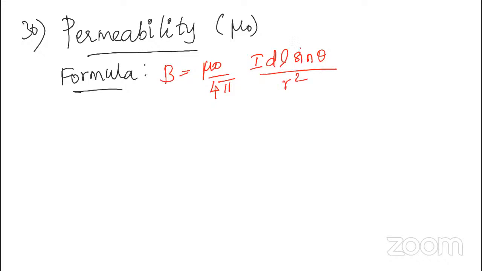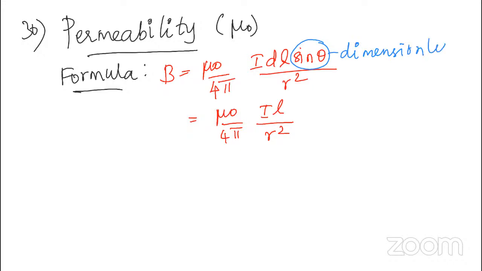Okay, so here L is the smallest length, so we can write it dL alone by R square, and sin theta is a dimensionless constant, so we neglect it.